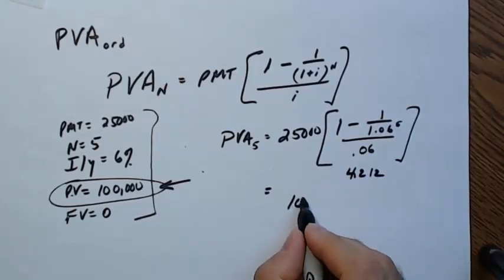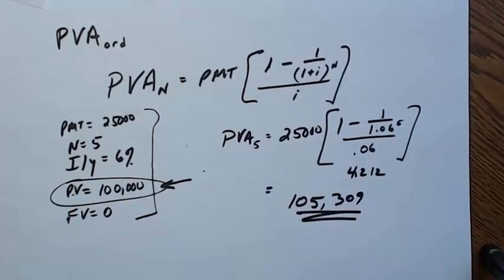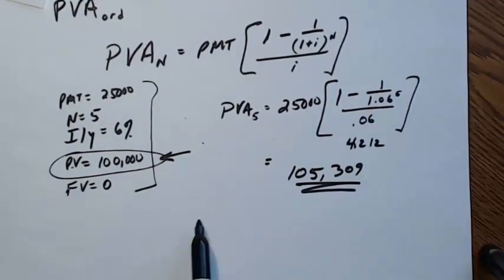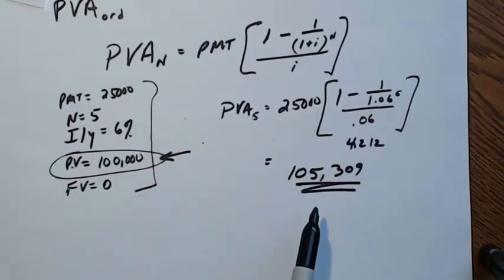So this comes out to be 105,309. So the present value of this annuity that you're getting is $105,309.